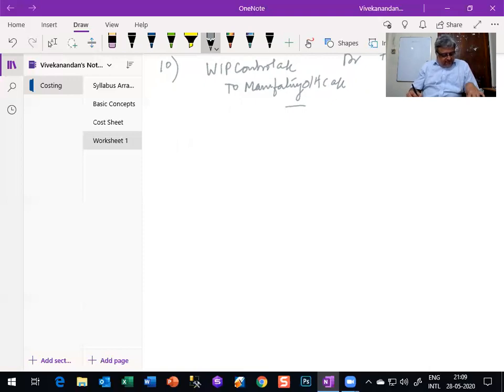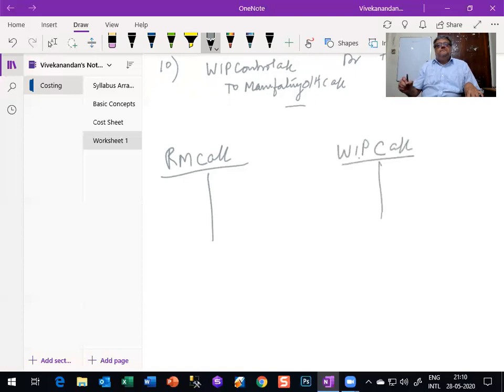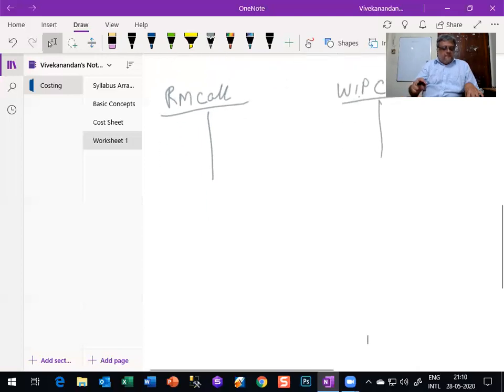Now, first is what they have given: raw material control account. Next is work in progress control account. Next is finished goods control account.